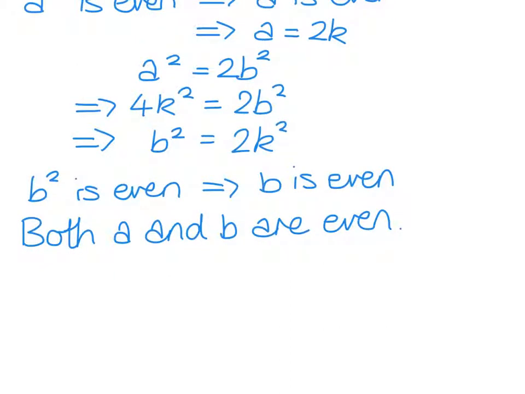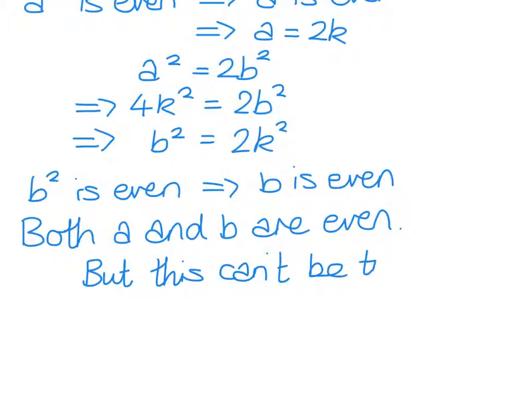But this can't be true. As if both a and b are even, a over b would not be in its simplest form, as we would be able to cancel 2 from both a and b. So this is our contradiction. Mathematicians like to use a lot of symbols, so when you reach a contradiction, different mathematicians put different signs to represent contradiction.